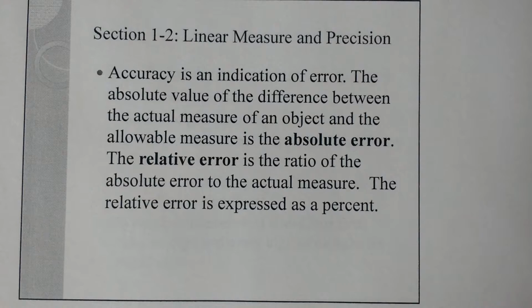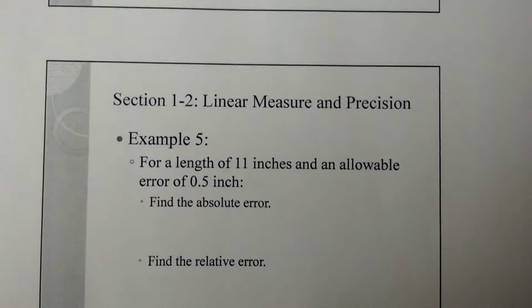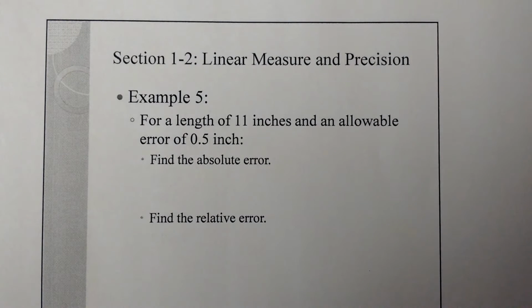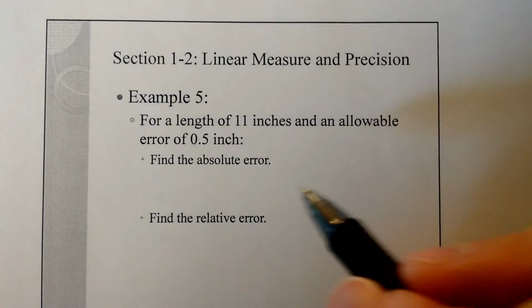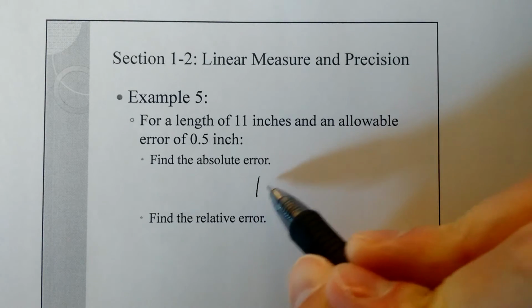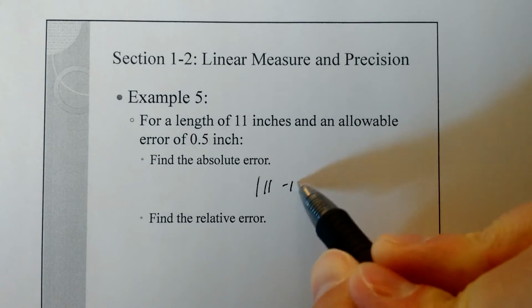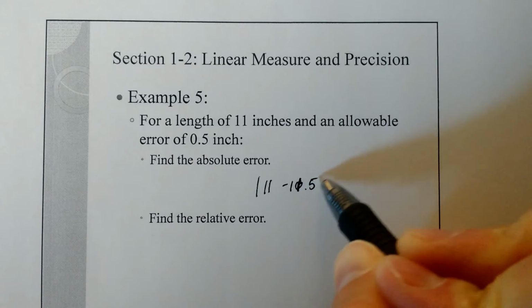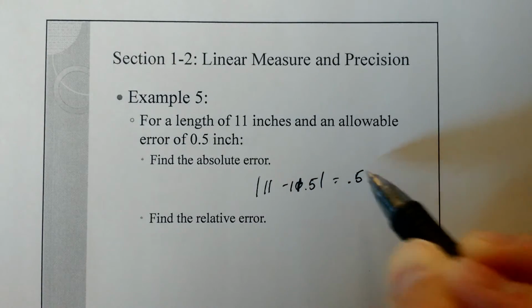So relative error is always expressed as a percentage. For example 5, you have a length of 11 inches and an allowable error of 0.5 inch. So find the absolute error. The allowable is the absolute error here, so it would be 0.5.